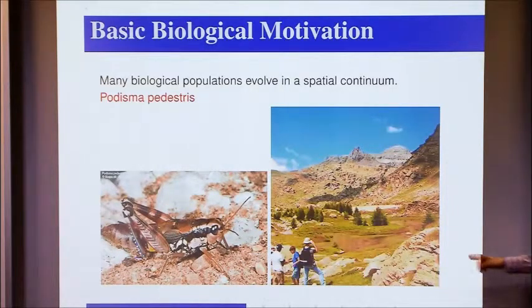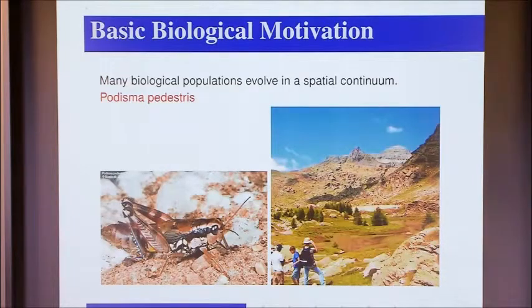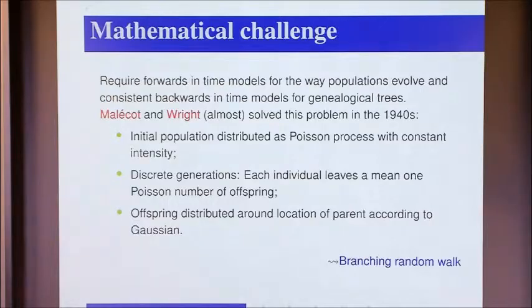Now, this is where Podisma pedestris lives. I stole this from the internet, I think from Richard Nichols' website. And try as I might, I cannot see this as a nice discrete graph. So the question is, can we actually model populations directly in a spatial continuum?